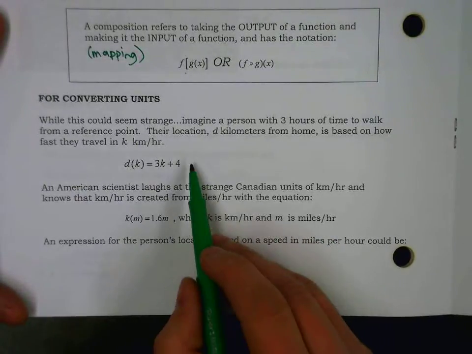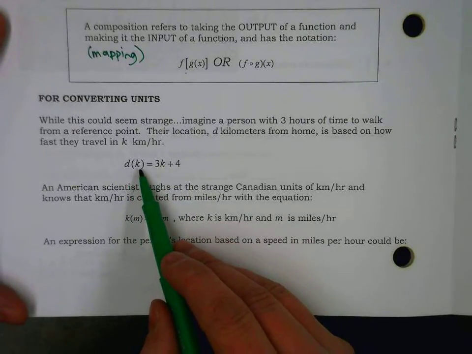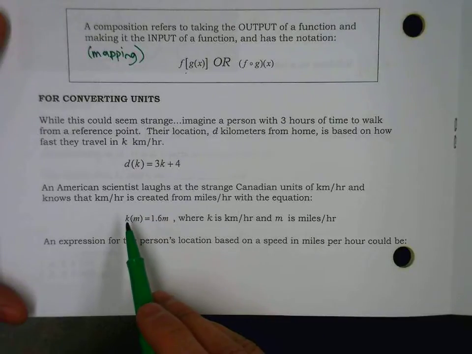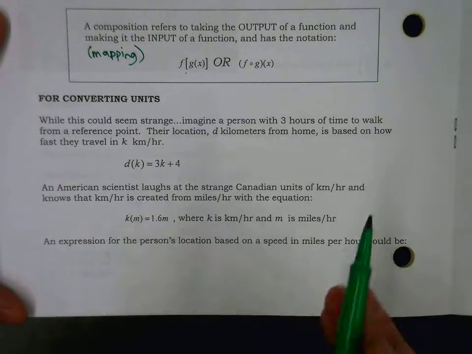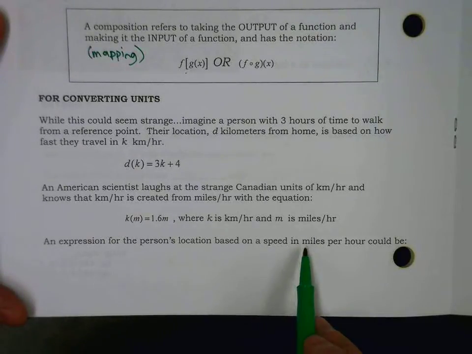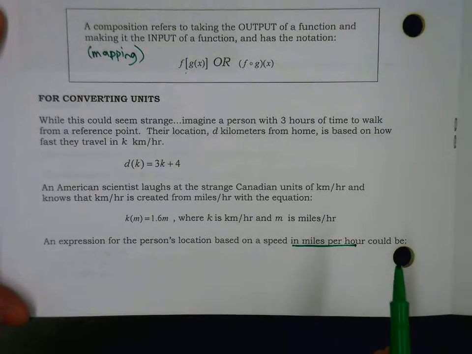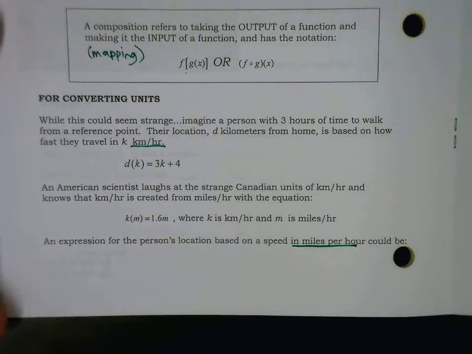So really we have one equation which tells us a person's distance based on a speed in kilometers per hour, and a second equation which relates kilometers per hour to miles per hour. Again, kind of strange. But we want an expression for the person's location based on speed in miles per hour, starting with a speed in kilometers per hour.